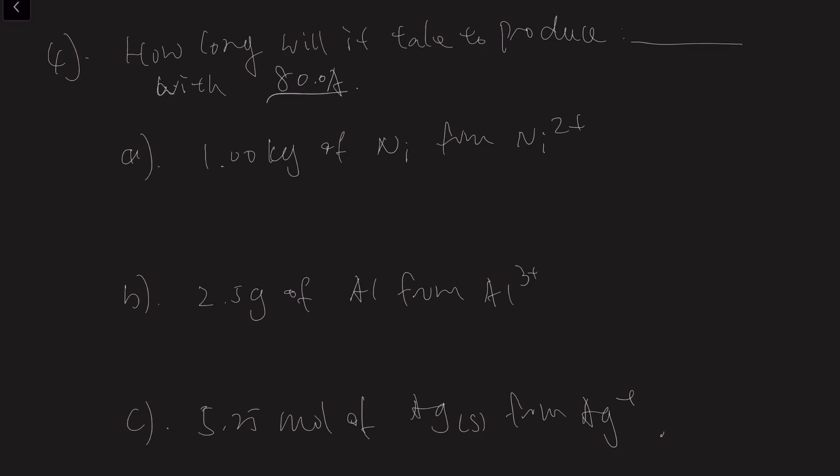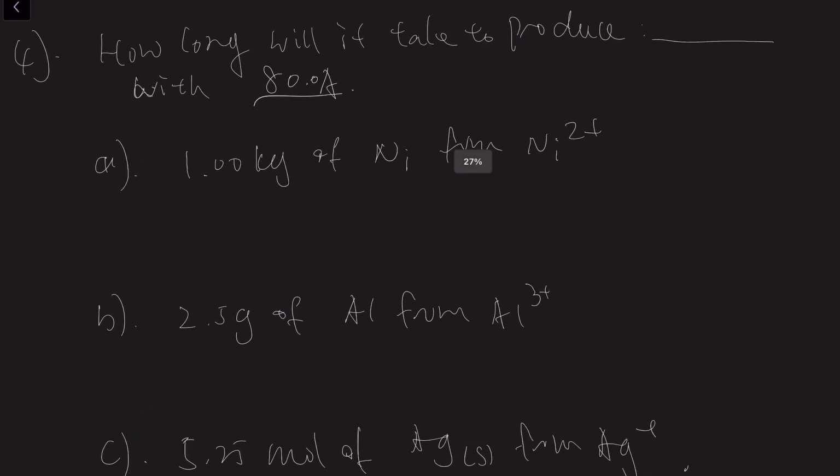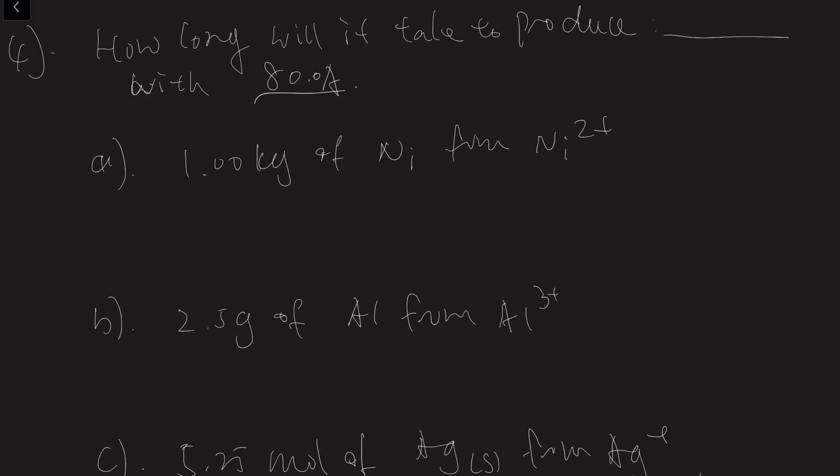First, let's convert 1 kilogram to 1000 grams, because in chemistry we're dealing with grams, the standard unit. Then let's calculate the number of moles, which is 1000 divided by 58.7 from your periodic table. You get 17 moles.